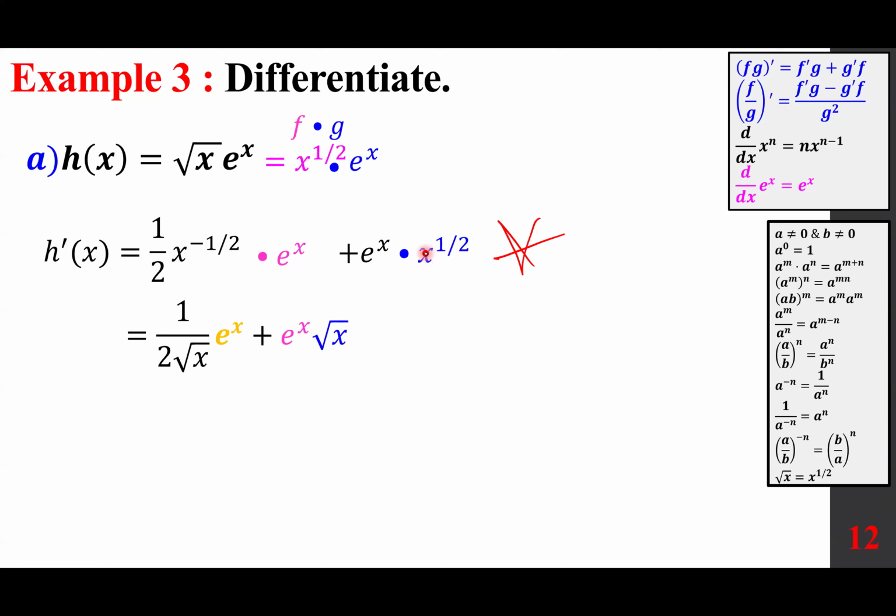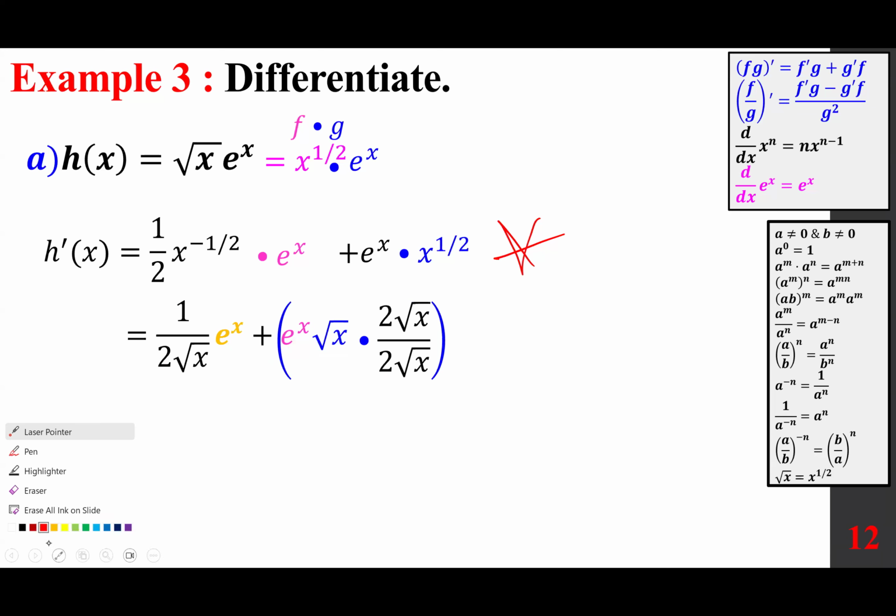Now, we want to combine them in a manner that later on, when we want to set this equal to 0, we are able to solve and factor. Therefore, we notice this one has the denominator 2 square root of x. This one doesn't, so we can multiply this by 2 square root of x over 2 square root of x, so they both have the same denominator. In fact, they both have the same denominator and the same e to the power of x.